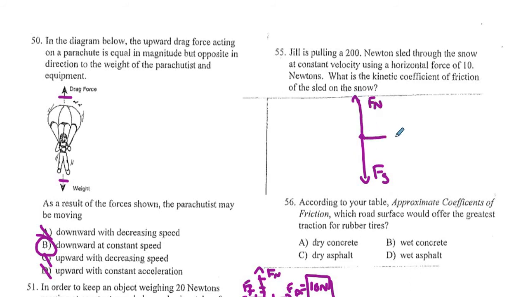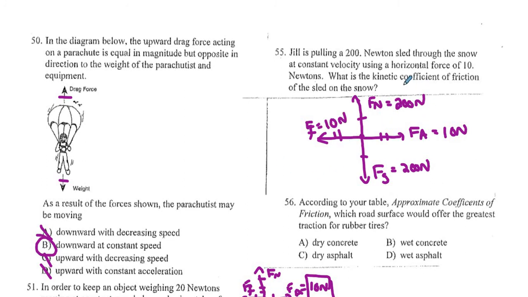It's moving at a constant speed, so I know the applied force is equal to the frictional force. These are equal to each other, and this is equal to that. We're told this is 200, so that is 200. We know this is 10 newtons, so this is 10 newtons.